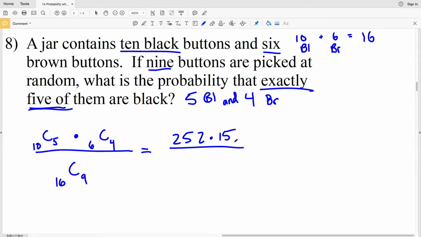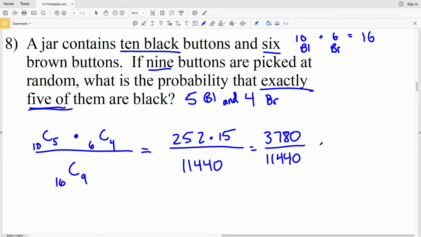So 252 times 15 all over 16 choose 9, which is 11,440. So 252 times 15 equals 3,780. 3,780 all over 11,440.